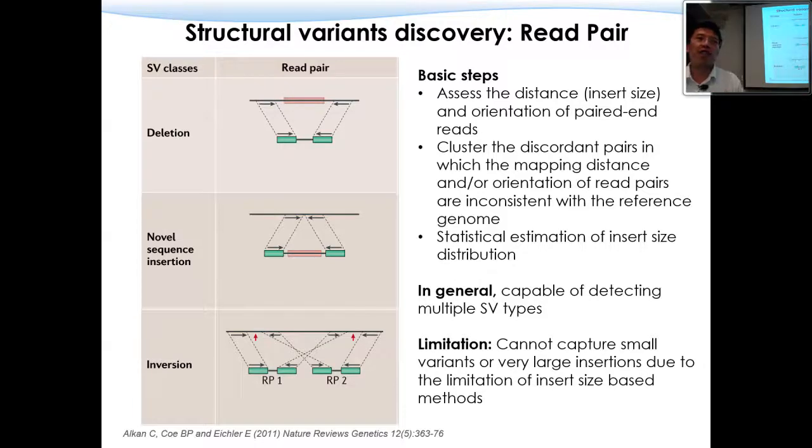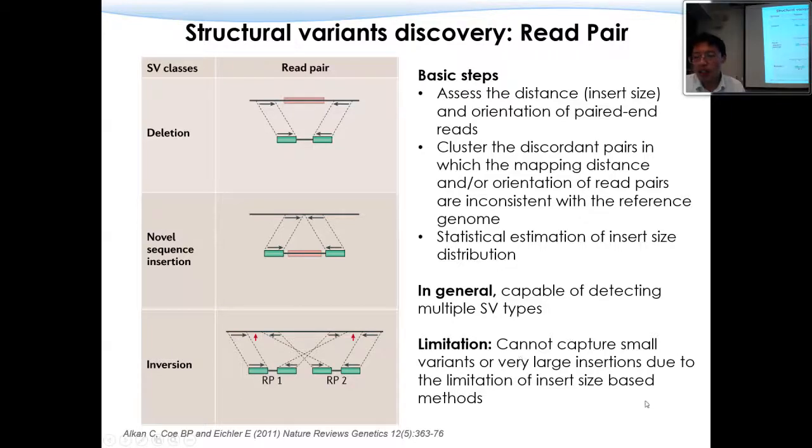But if your deletion size is like 50 bases, you really don't know whether that added distance on the reference genome is due to there being a deletion in the middle, or it's because you happen to grab a bigger DNA fragment to do the sequencing. So that is not doing very well for the small variants.